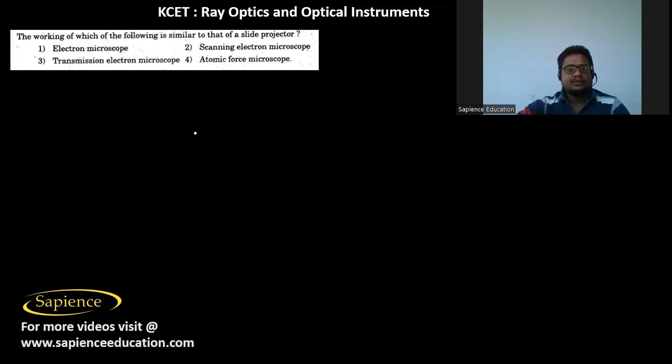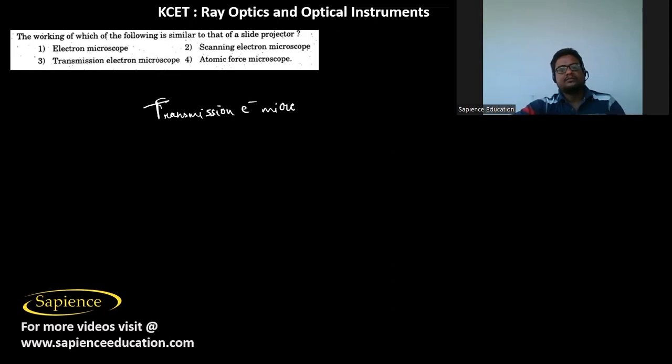Then it is asked, the working of which of the following is similar to a slide projector. The transmission electron microscope, in short also called TEM, is similar in its working to a slide projector.